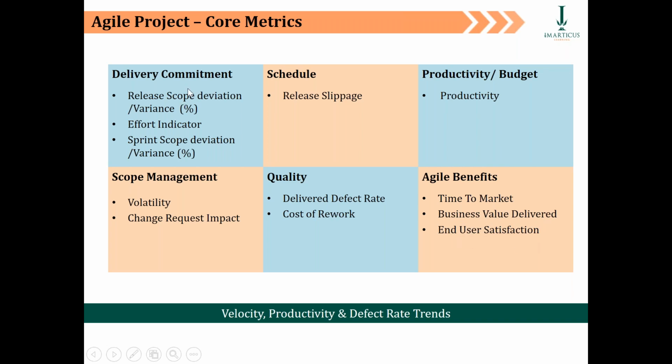If I look at the delivery commitments, I see that on my left, for example, is a waterfall development project. On my right is an agile development project. If I see the release scope deviation, which means that I promised to release the project into a go live phase by, let's say, August. If I take waterfall, guys, the percentage deviation that I will miss my timeline is higher than agile.